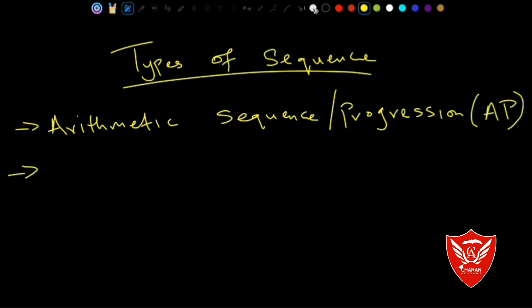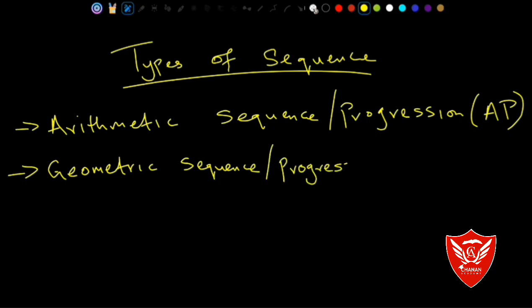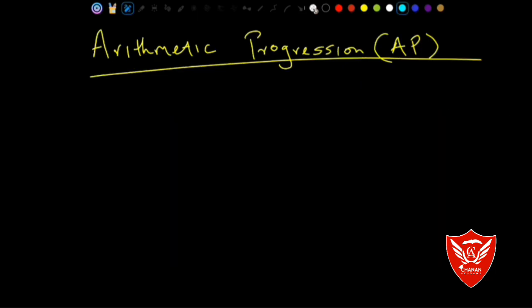The second one is called the geometric sequence or progression, GP. The arithmetic progression is a type of sequence in which the difference between the consecutive terms is constant. So let's give an example.